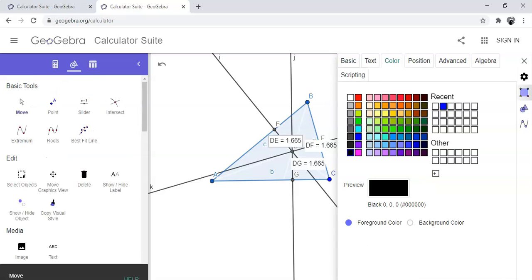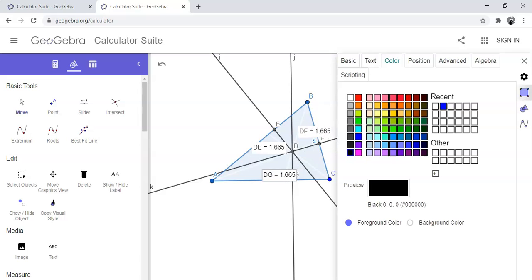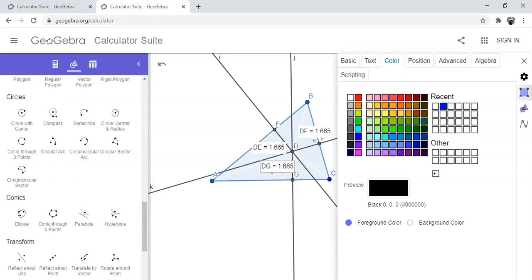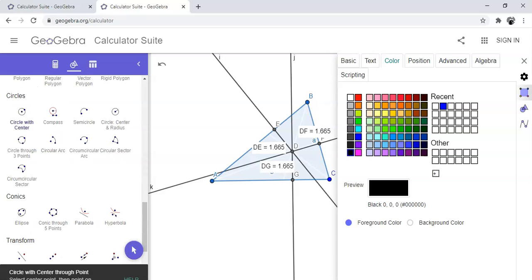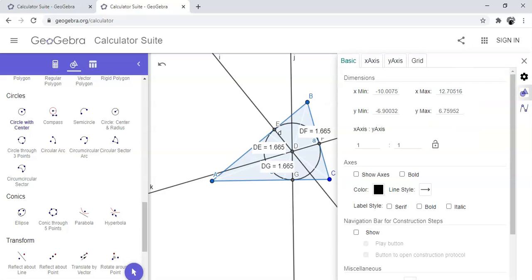Again, this is called the incenter. And these measures are just kind of getting in the way, but we'll deal with that. So this is called the incenter, and what you can do with it then is draw a circle that touches each side exactly one time inside the circle.